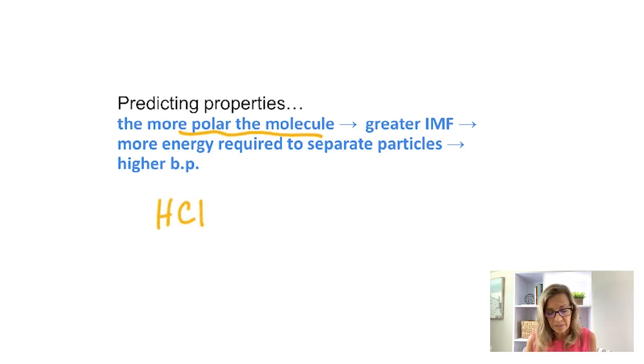Let's say it was HCl versus HBr. This one is more polar, right? And so what does that mean? That those particles are attracting each other, they have stronger attractions. So we would need more energy to pull them apart. Therefore, you would expect HCl to have a higher boiling point.